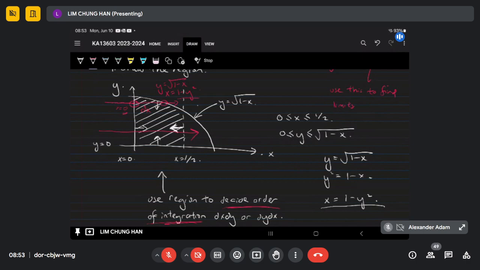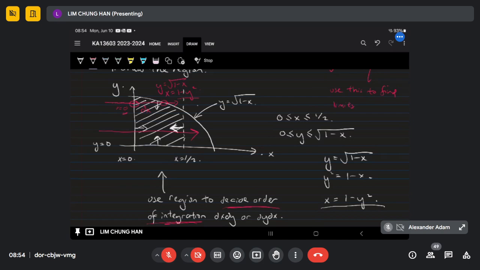This is where the problem is if you do dx first. This is what I'm going to get to later, the next thing I'm going to show you. Very good question, Hussein. Actually, you have to consider this as well. I just started at the top first, and then I want to do the bottom one as well.